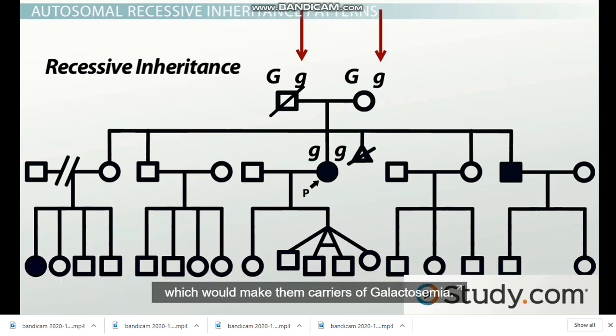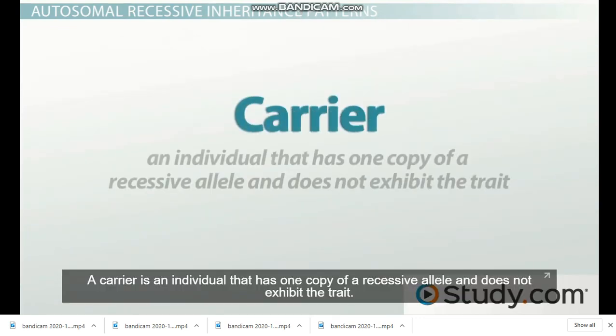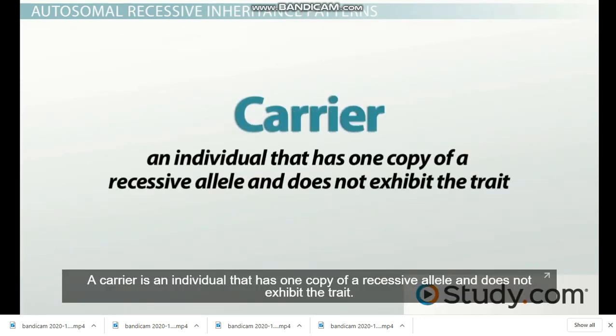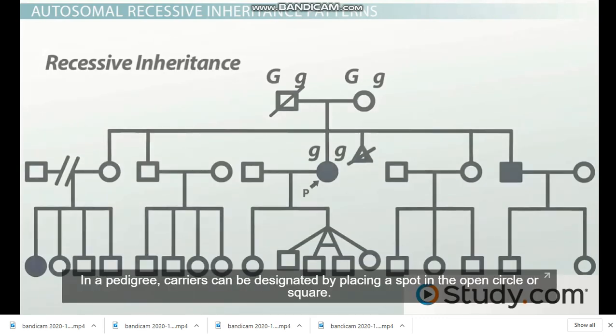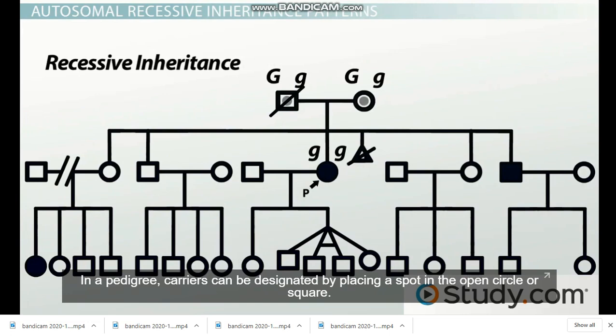A carrier is an individual that has 1 copy of a recessive allele and does not exhibit the trait. In a pedigree, carriers can be designated by placing a spot in the open circle or square.